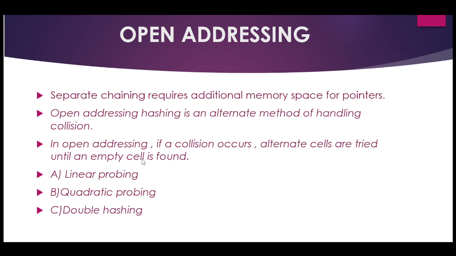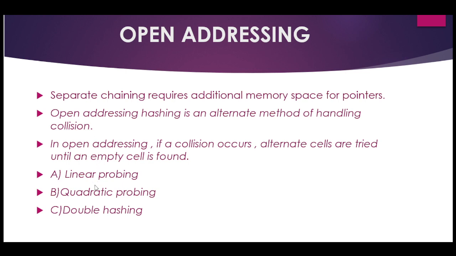The main difference between open hashing and closed hashing is that in open hashing the collision is resolved by adding another element at the same location, whereas in closed hashing the collision is resolved by adding another element at a different location.